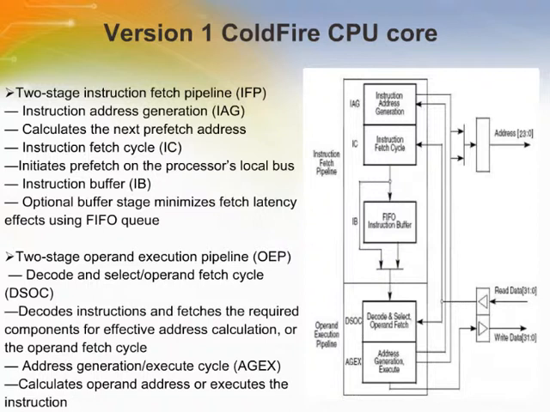Here's the architecture of the V1 ColdFire CPU core. MCF51CN128 series devices contain a version of the V1 ColdFire platform that is optimized for area and low power. The CPU implements the ColdFire instruction set architecture revision C, ISA_C, with a reduced programming model.